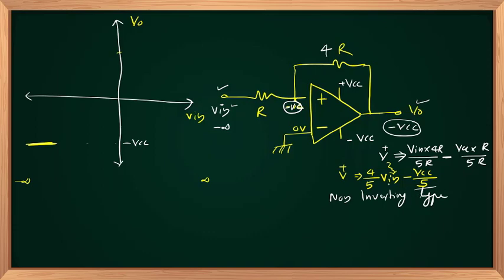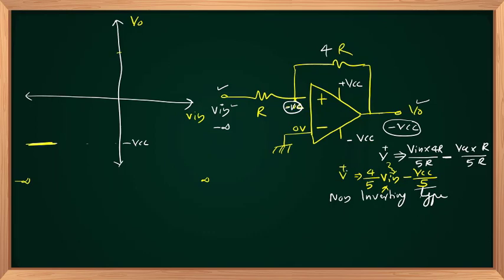It's clear from the expression that if V in is negative, this term is anyway negative. So to get a change from minus VCC to plus VCC, your V plus should be positive. That will happen if and only if V in is positive.